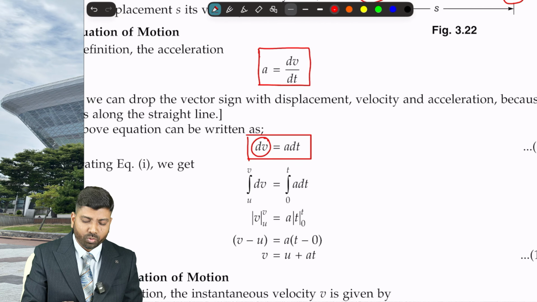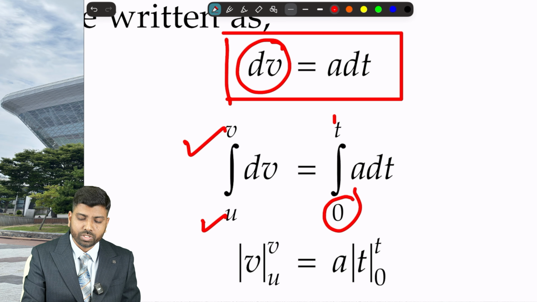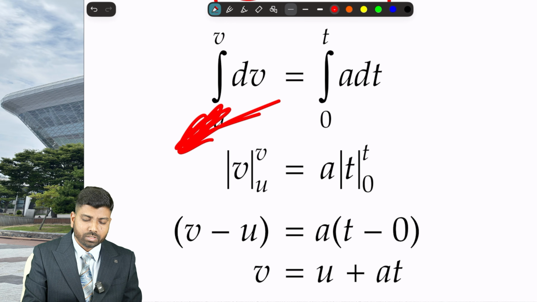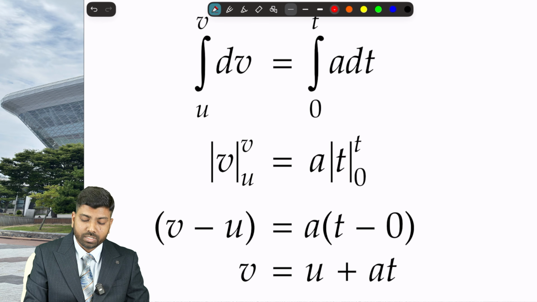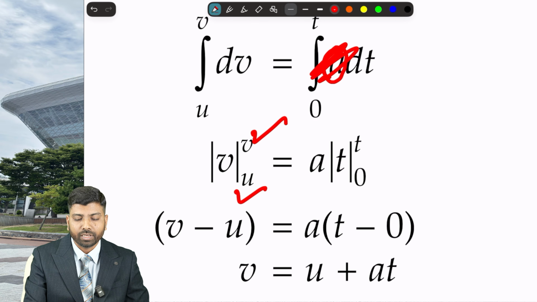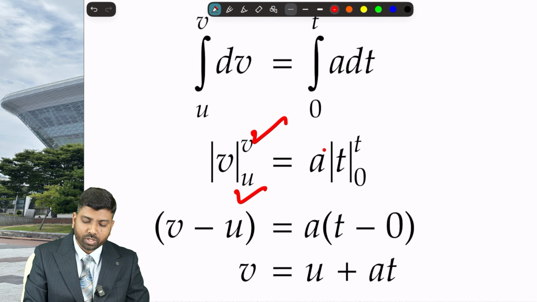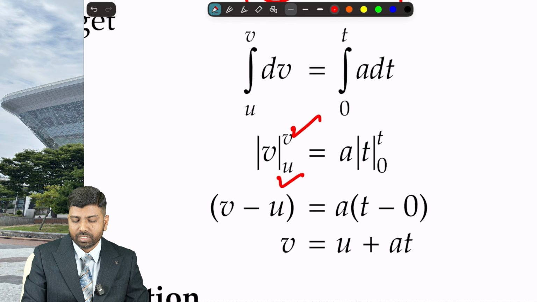Integrating both sides, from u to v and time 0 to t, you know that the integration of dv is v, with initial value u and final value v. In the same way, since a is constant, because it is uniformly accelerated, we take a outside as a common factor, then the integration of dt is t.